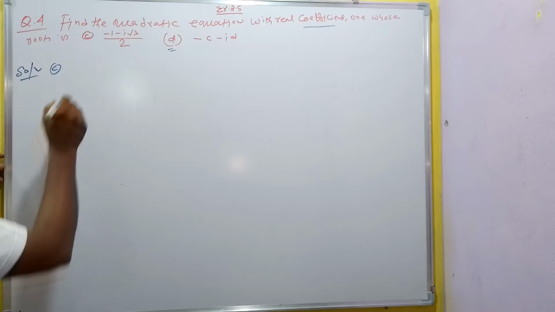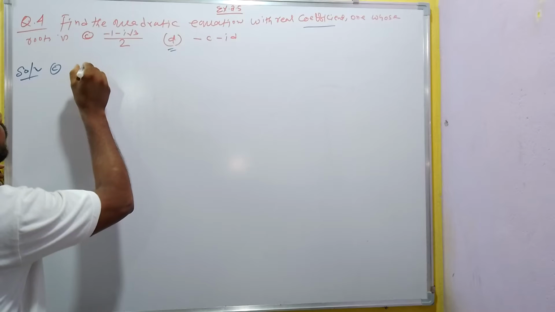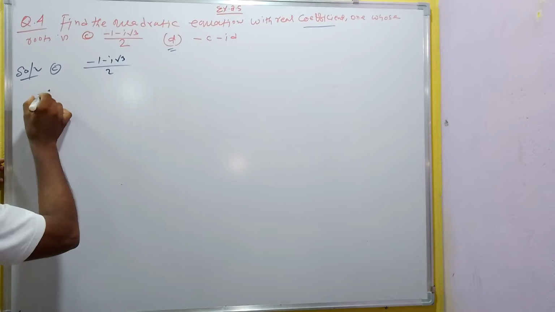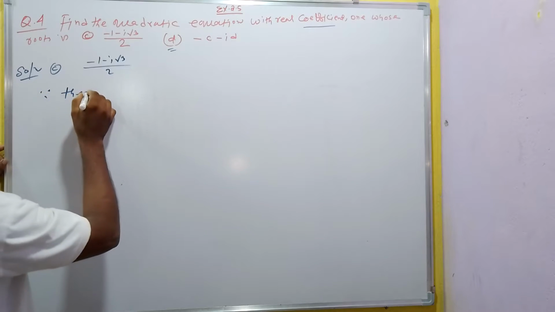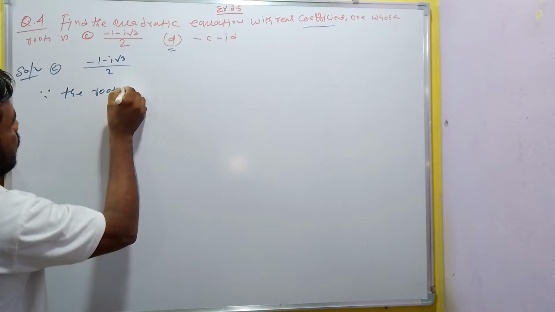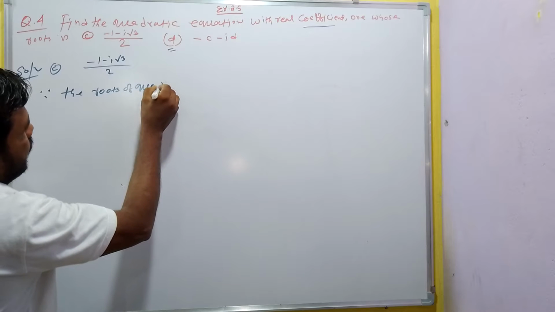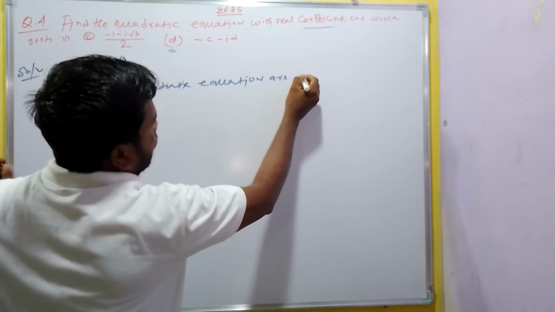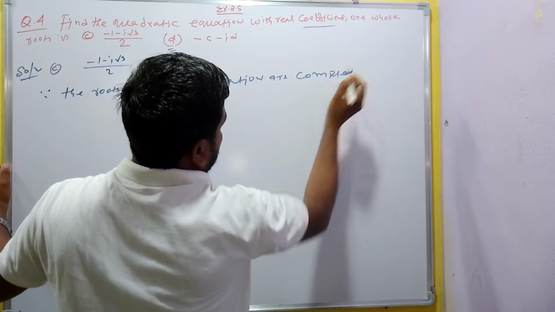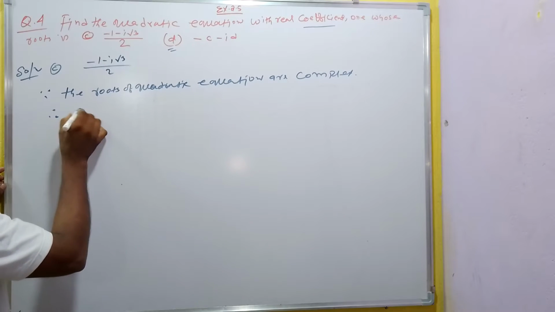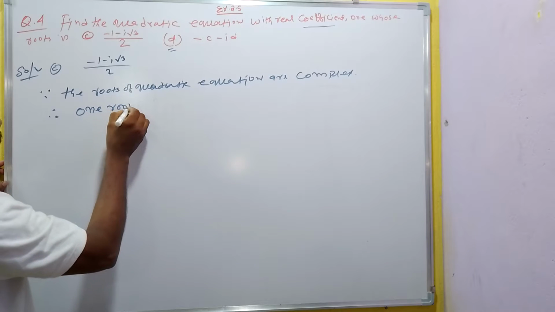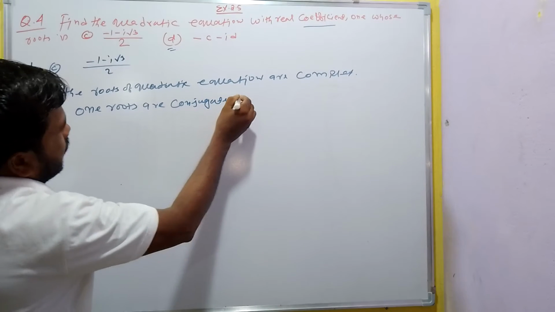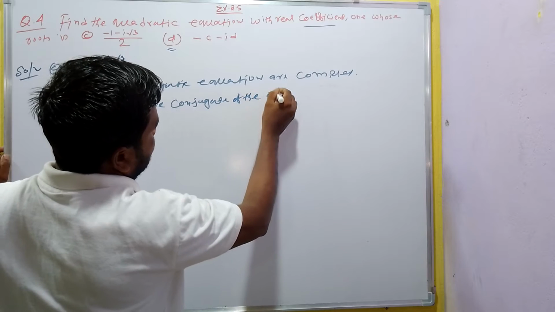C. Given that one root is (-1 - i√3)/2. Since the roots of the quadratic equation are complex, therefore one root is the conjugate of the other.